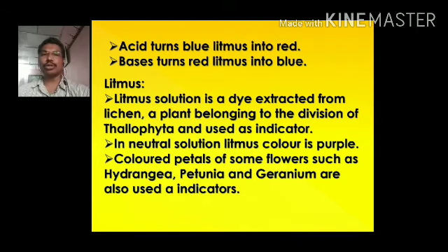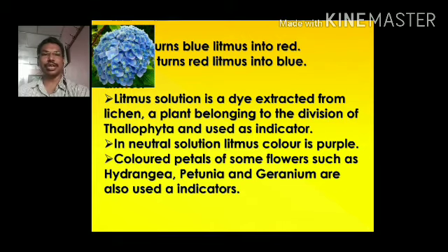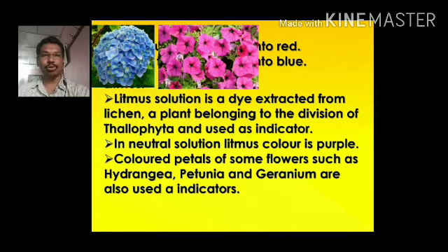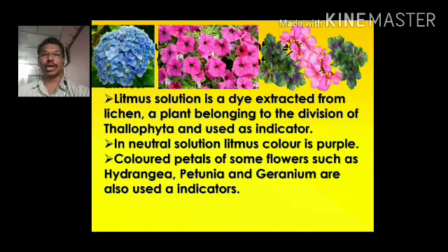Colored petals of some other flowers such as hydrangea, petunia and geranium are also used as indicators. Let us see those flowers. This is hydrangea, this is petunia and this is geranium. These petals are also used as natural indicators.